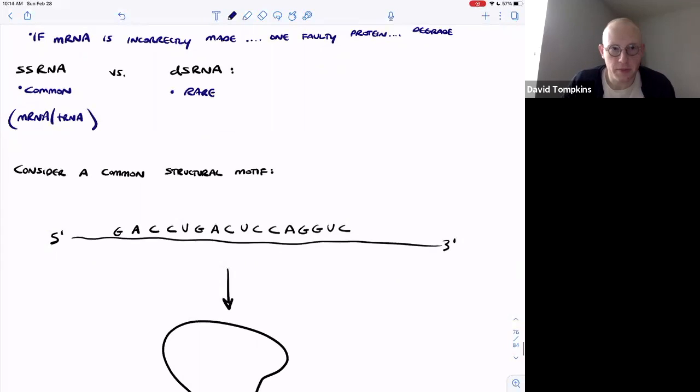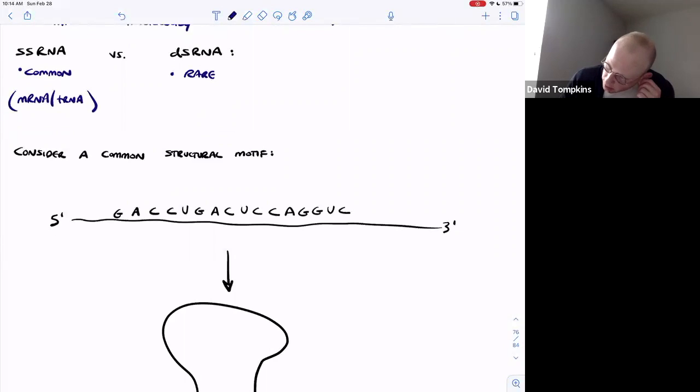Okay, so that's not to say that RNA doesn't have unique three-dimensional structures, right?